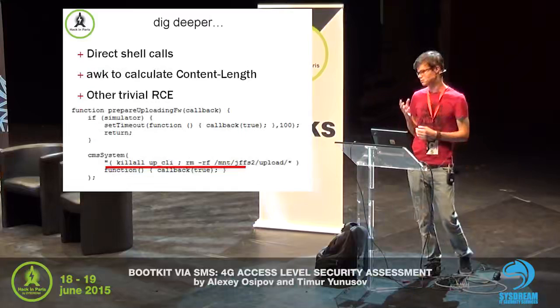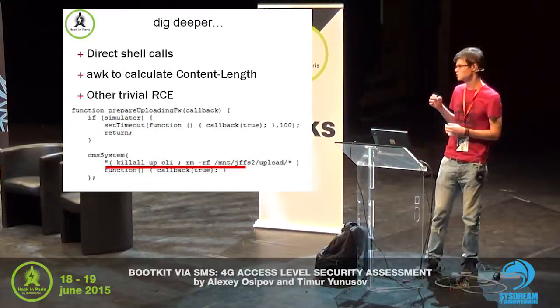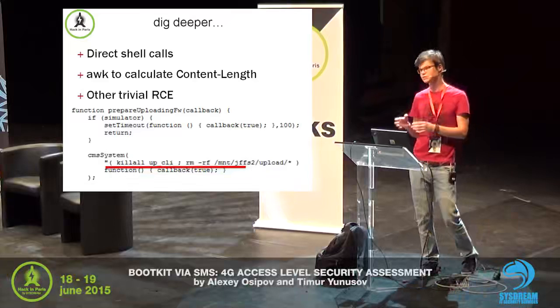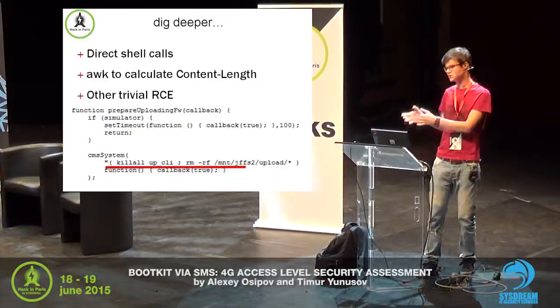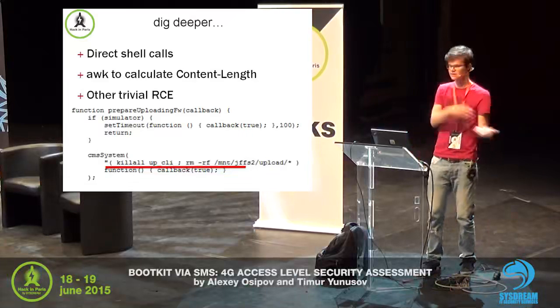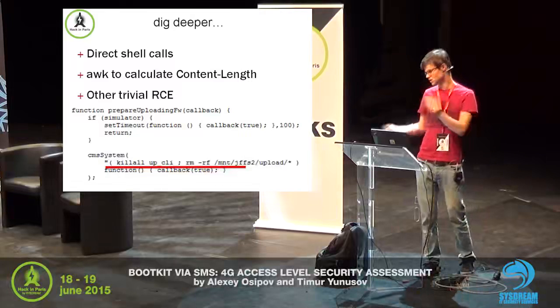But you should not forget that most of the web servers on the modems are simple CGI, which gets the data from the HTTP requests and sends them directly to the shell without any checking.